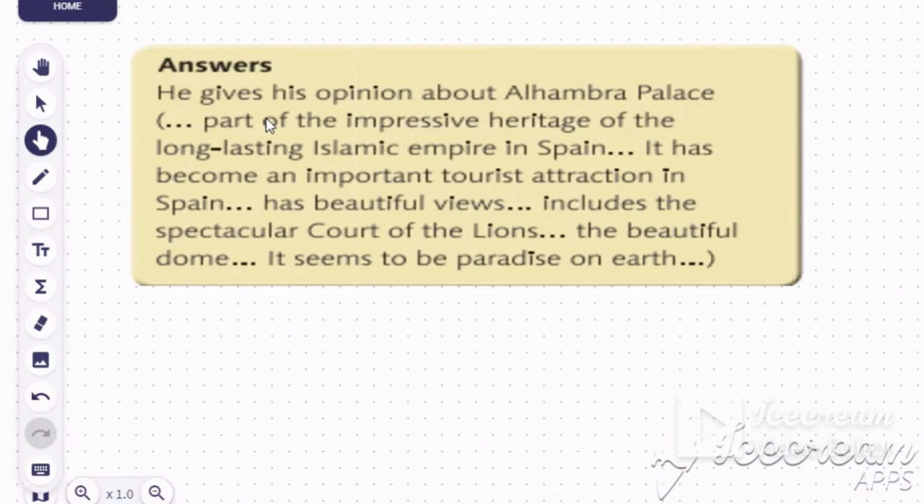The writer is objective because he gave his opinion about Alhambra Palace and he gave us examples, the part of impressive heritage of the long-lasting Islamic empire. It has become an important attraction in Spain. Its beautiful views include... he gave his ideas and his opinion about Alhambra Palace.